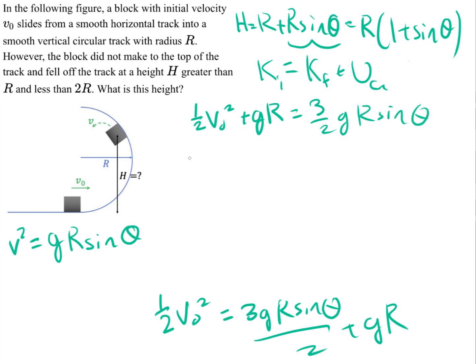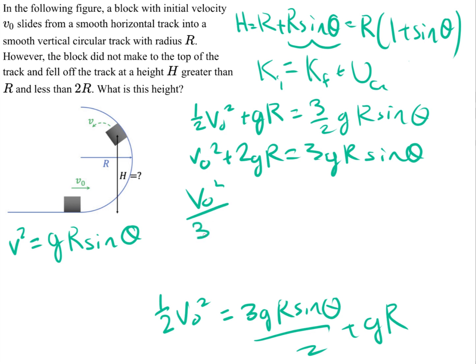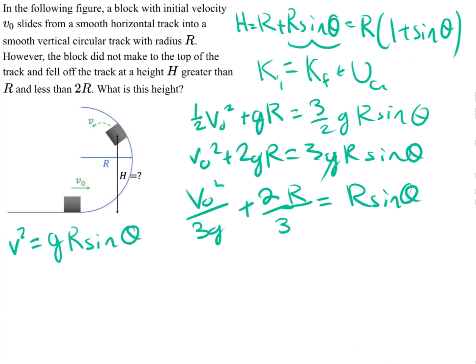And so multiply both sides by 2. V naught squared plus 2gr is equal to 3gr sine theta. And so v naught squared over 3g plus 2r over 3, because, again, these two g's cancel, is equal to r sine theta. So that is our expression for r sine theta.